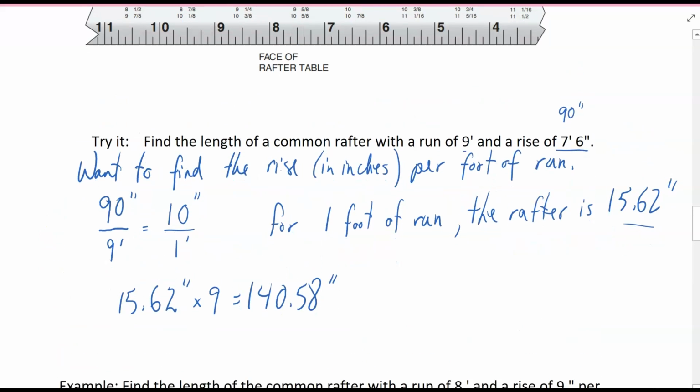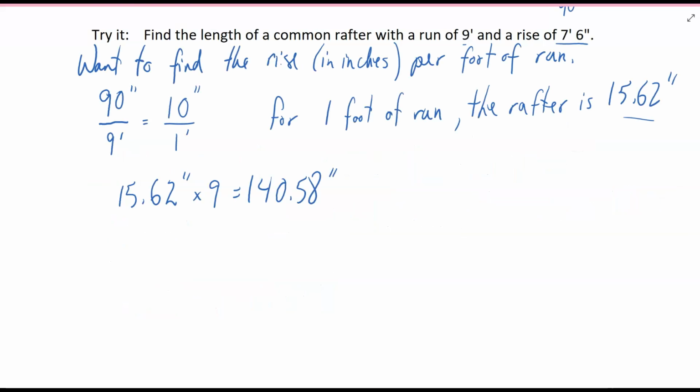If we divide it by 12, we'll get it into feet, right? So 140.58 inches divided by 12 is 11.715 feet.